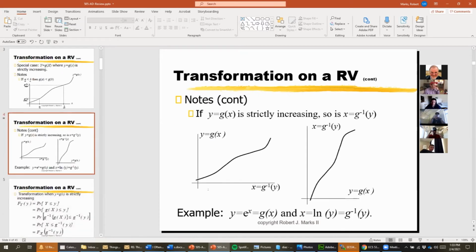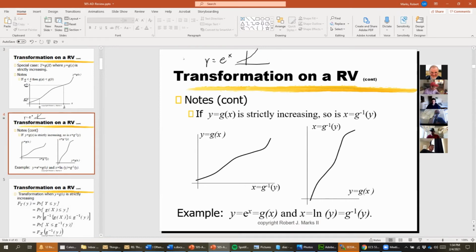Now, here is something interesting. If Y equal to g of X is strictly increasing, so is its inverse. Think, for example, of Y equal to e to the X. E to the X we know is strictly increasing, right? If we solve for X, we get the inverse.